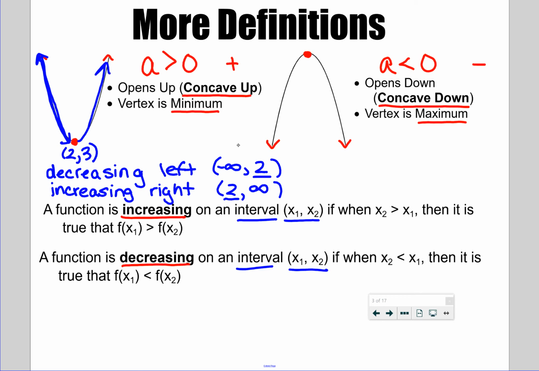That number truly is the h value, or the x coordinate, from your vertex. Now what could change is it might be increasing on the left and decreasing on the right. Depending on which way your parabola is opening or which way it's concaving, those two pieces may be flipped. And we'll again practice that a little bit more with some graphs in a moment.